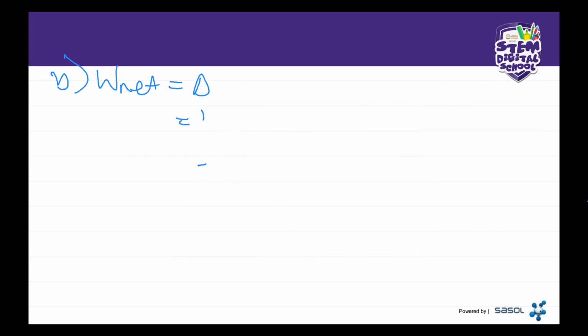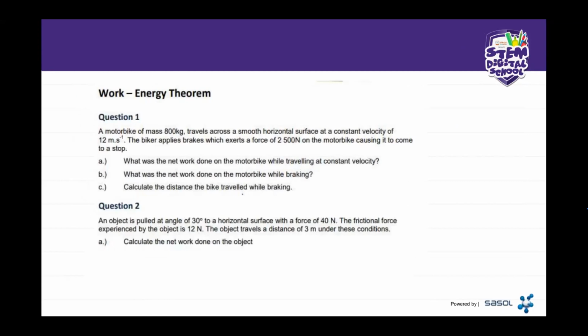Then now moving on to number C. What do they say on number C? It says calculate the distance the bike traveled while braking.